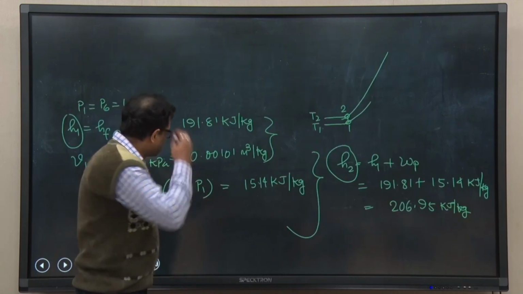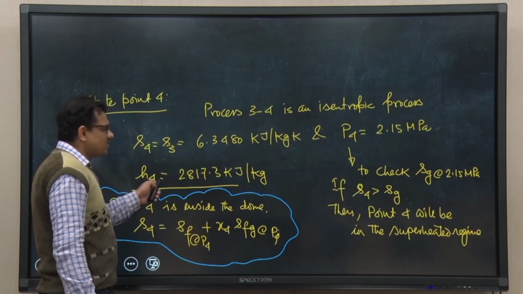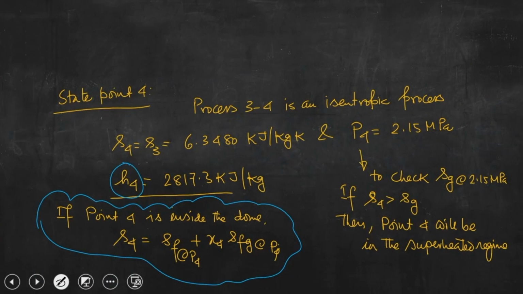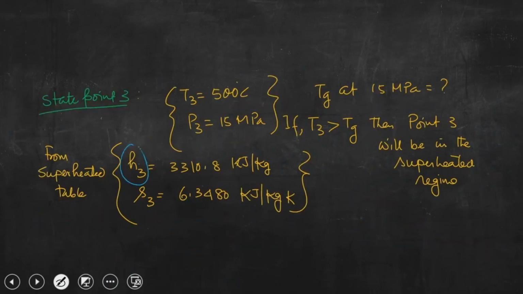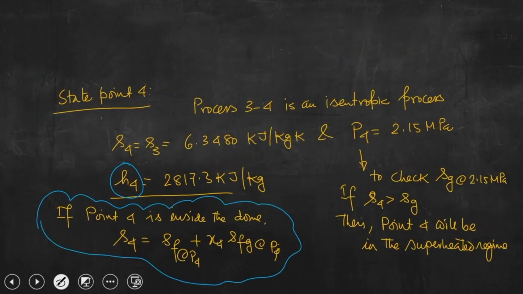Okay. So, we have calculated H4. If I mark H4, this is also calculated, H3 we have also calculated. So, we have calculated enthalpy up to state point 4. Next is H5, which is again important.